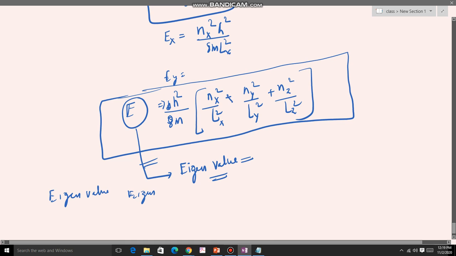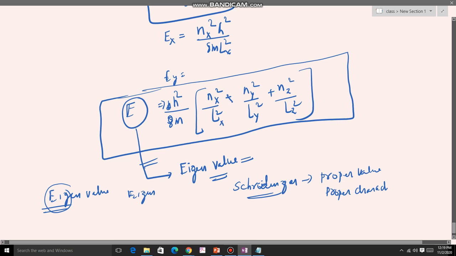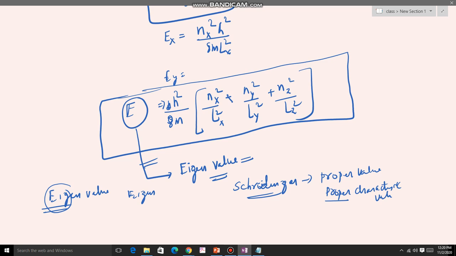Eigen is a German term, because Erwin Schrödinger is a German. He termed it eigen, which means proper characteristic. Eigen function means proper characteristic function, and eigen value means proper characteristic value.